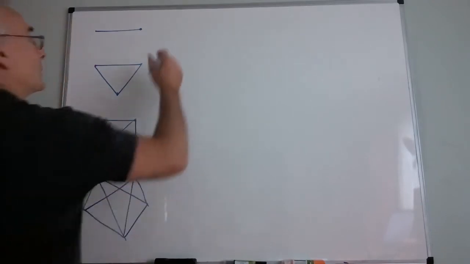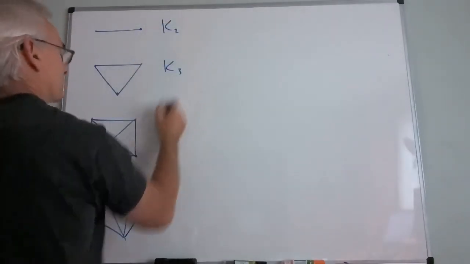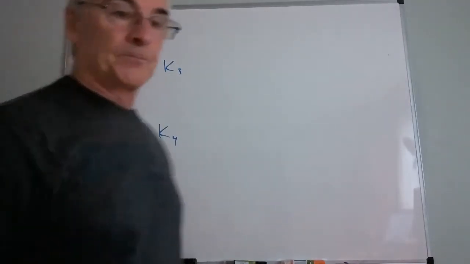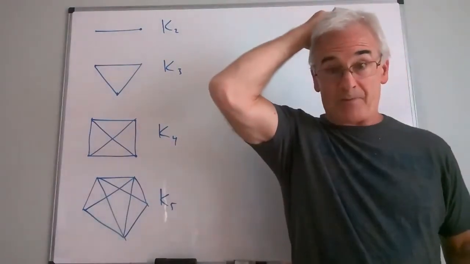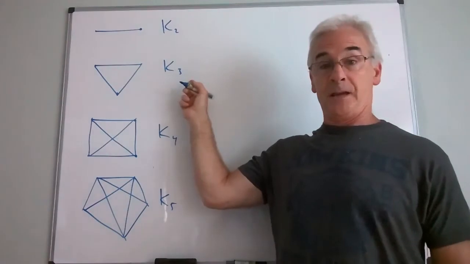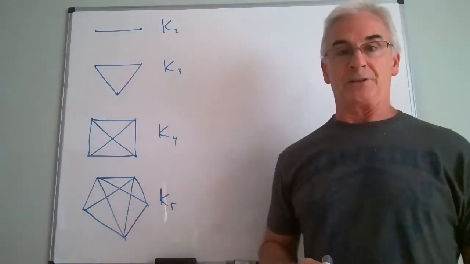Each of these has a name. This is called K2, this is K3, this is K4, this is K5. K sub n is the name of the graph. The subscript tells you how many vertices, and then you connect every vertex with an edge.